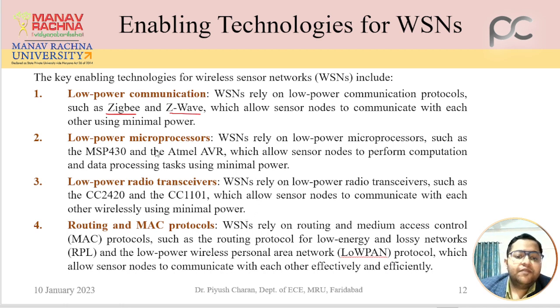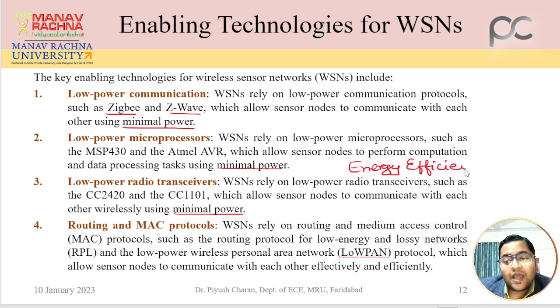So you see, every time we are using this phrase, minimal power. Minimum power consumption is the main task. Energy consumption should be as low as possible, and energy efficiency should be high. We can collectively call these three statements energy efficiency. So the lower the energy consumption, the better the system.